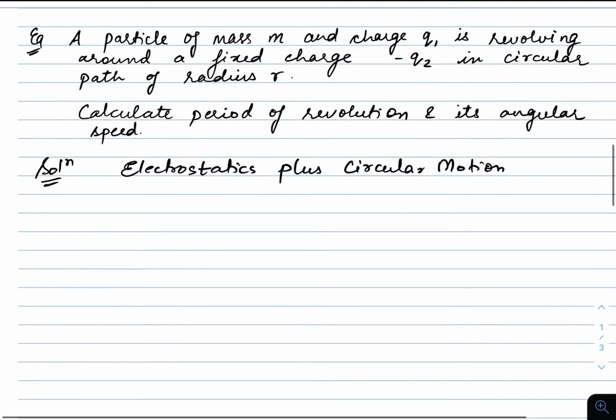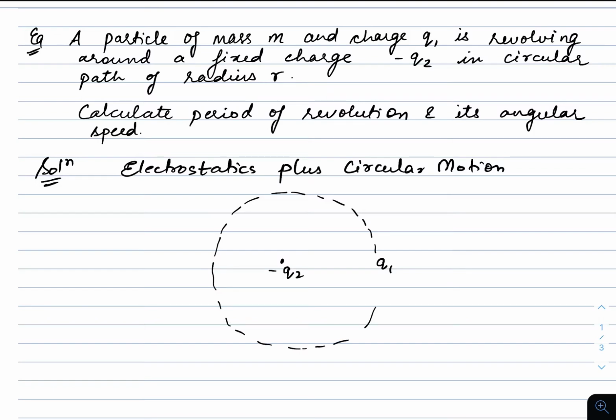So here it is given a fixed charge of minus q2, right, and a charge q1. It is revolving like this around it, right? So we can see these are the 2 point charges, and these two charges will attract each other. So q1 will be attracted by q2 in this direction, and the force between them can be written as what?